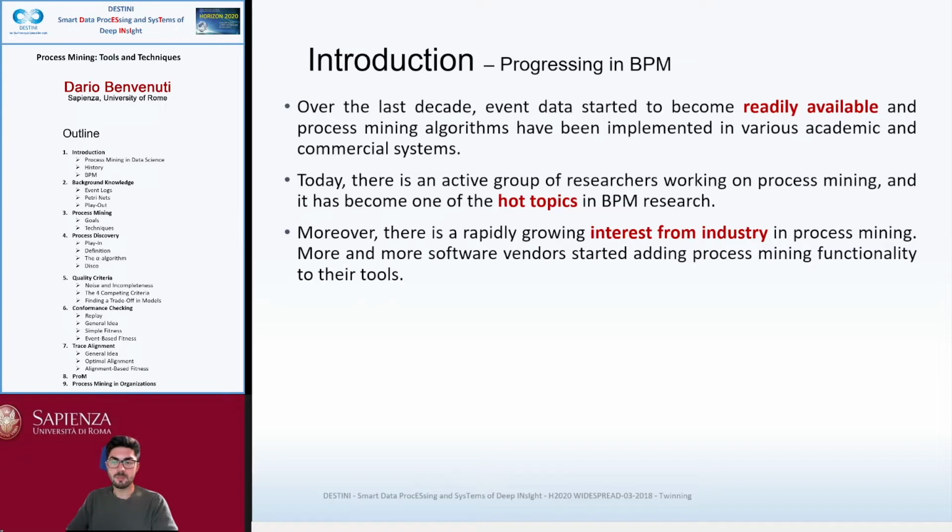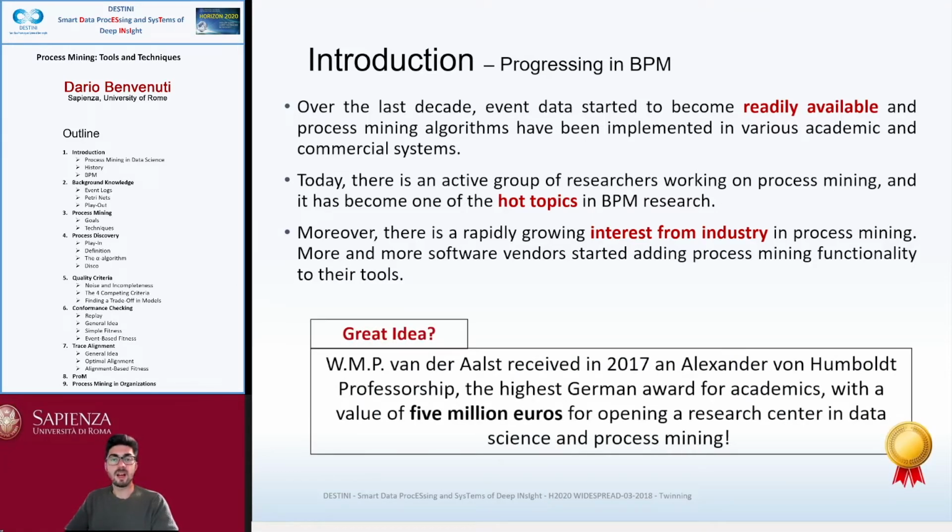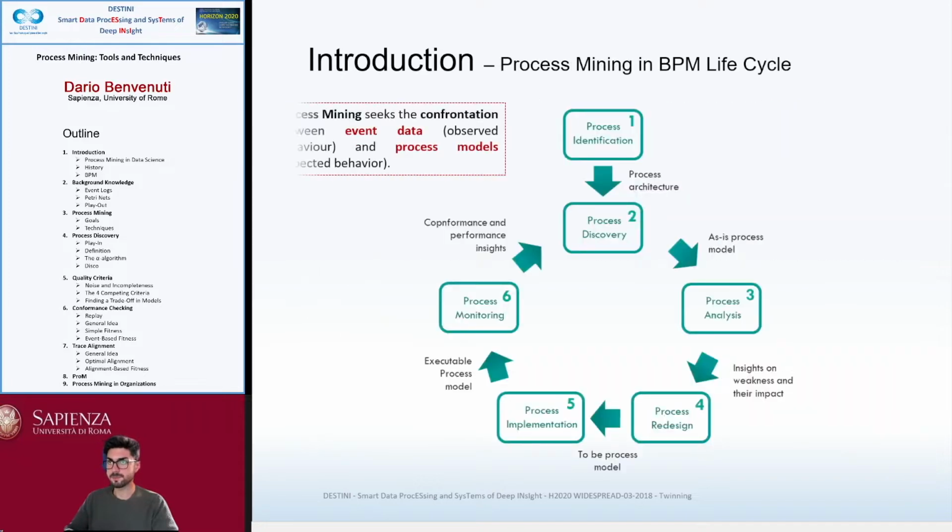And because even the industry itself is developing a great interest in process mining. And Van der Aalst successfully built a research center in data science and process mining thanks to a prize of 5 million euros that he won.